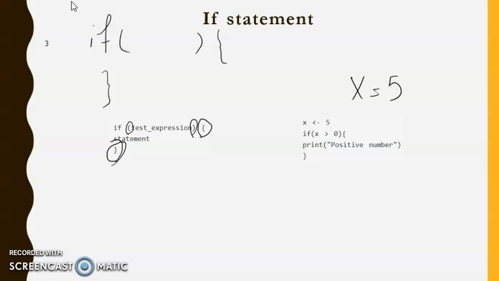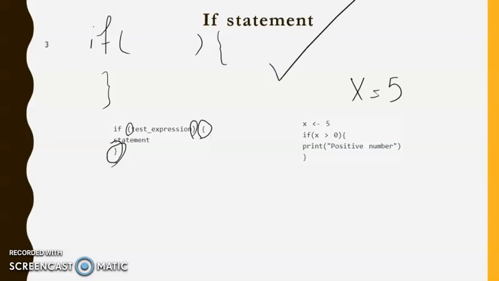After that, it writes if, inside parentheses, the condition: if x greater than 0. Does it hold or not? The condition is x equal to 5, and here it checks if x is greater than 0. Excellent, it holds. So it goes and prints positive number on the console.